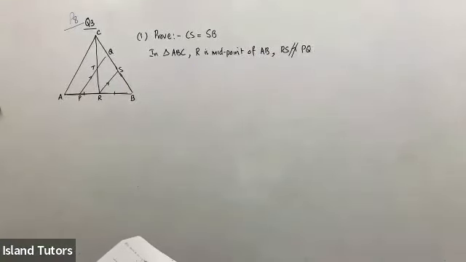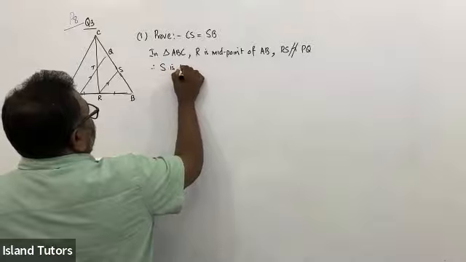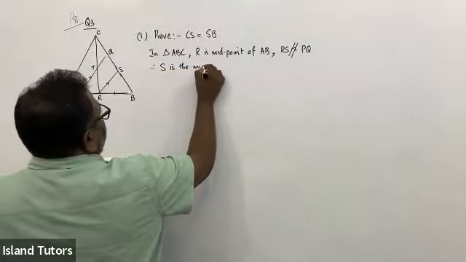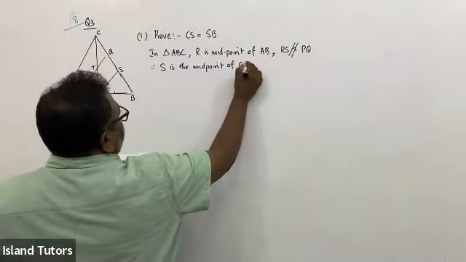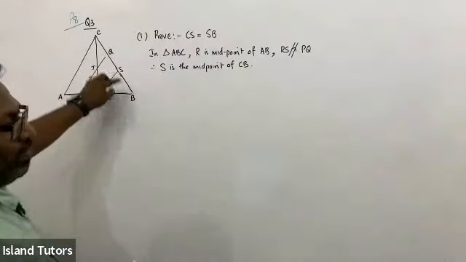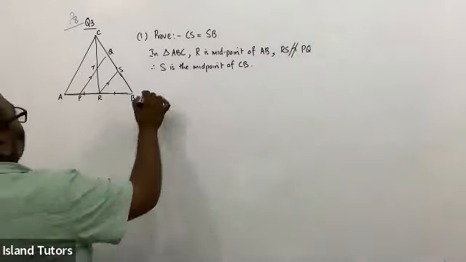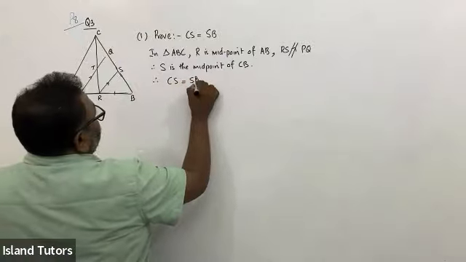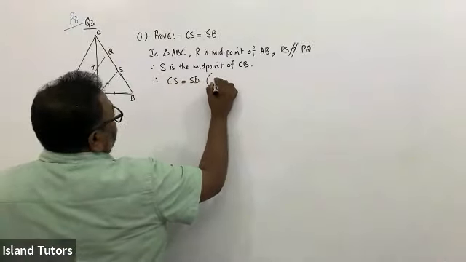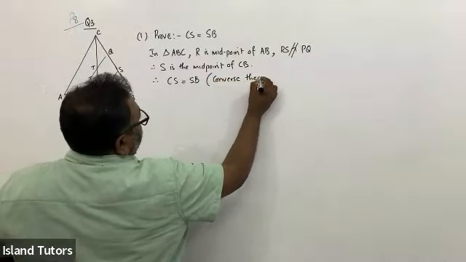That is data given. S is the midpoint, therefore S is the midpoint of CB. So we know S is the midpoint of CB. Therefore, CS is equal to SB in the converse theorem.